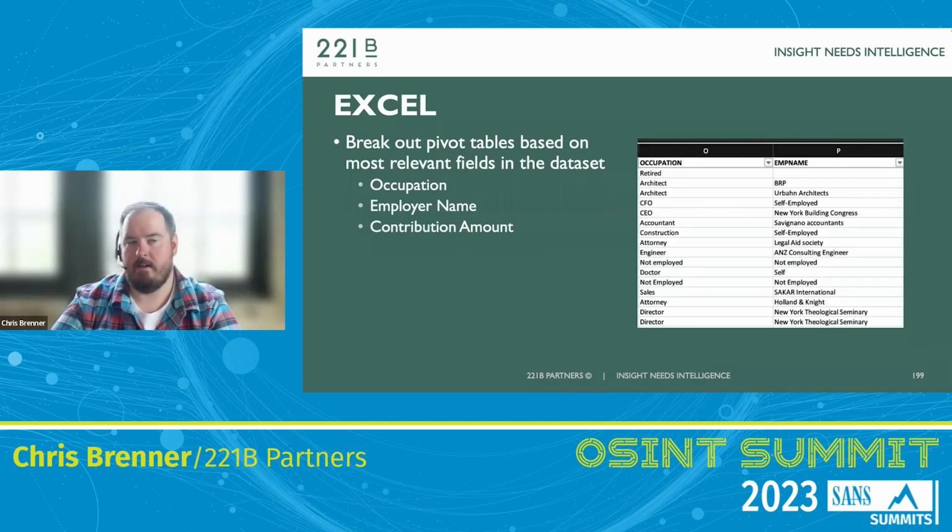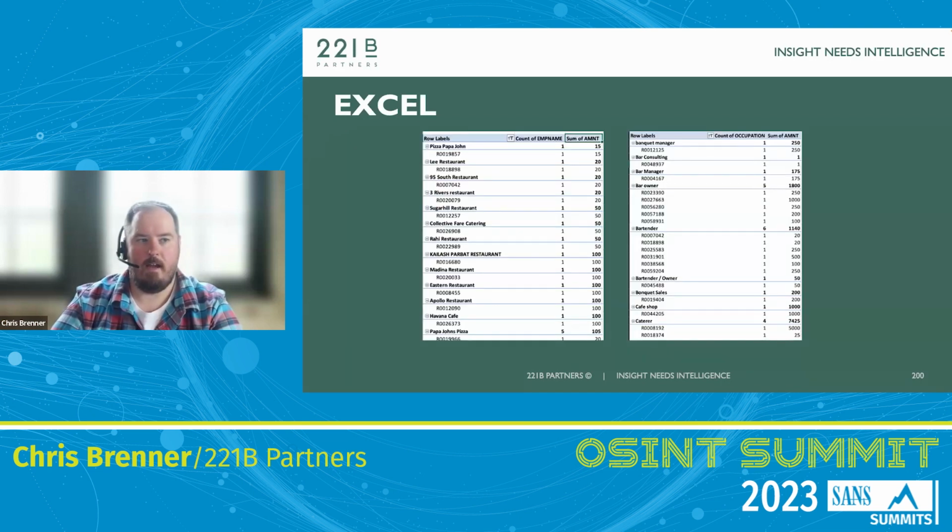Focusing on that first set of information, we had to then figure out which of these people that donated to these campaigns are actually in the industry we care about. There were things like doctors and CEOs and architects, and maybe those CEOs are important if they're part of a restaurant group or something like that, but most of these are maybe not of interest. So sifting through some of that initial noise was an easy and pretty simple process, just using pivot tables.